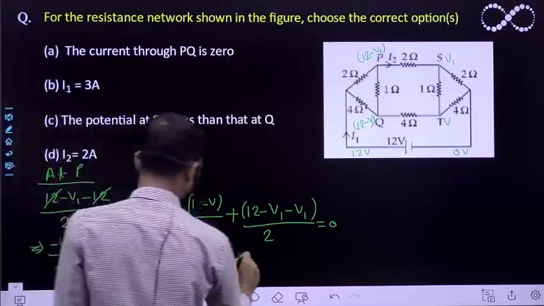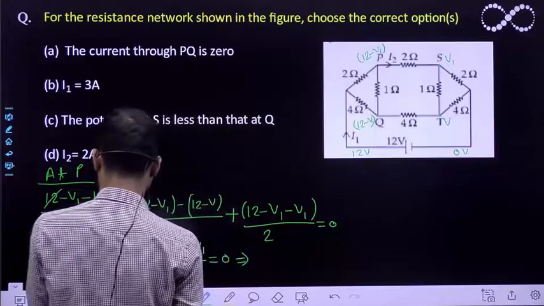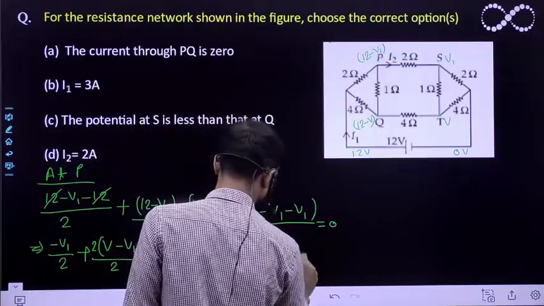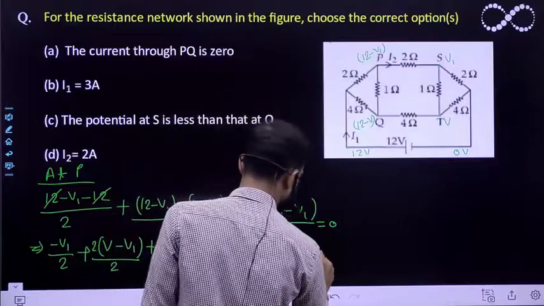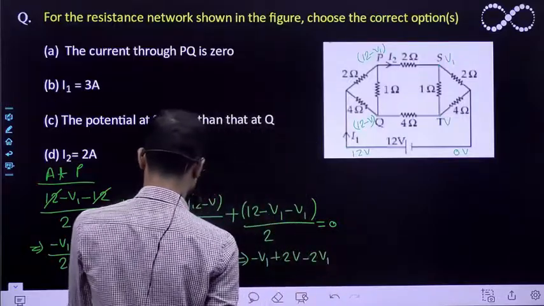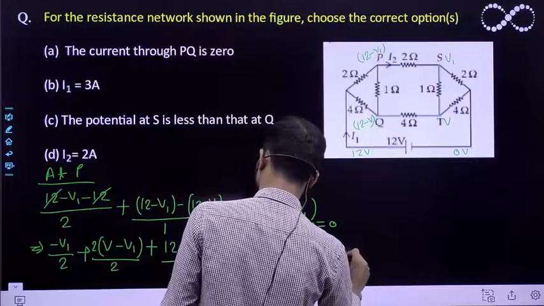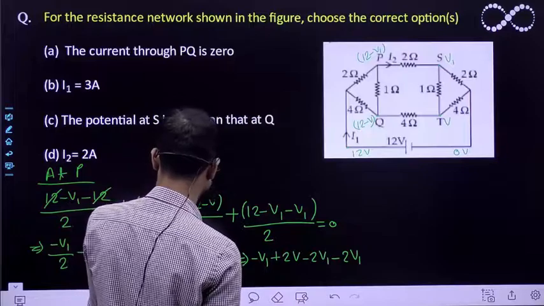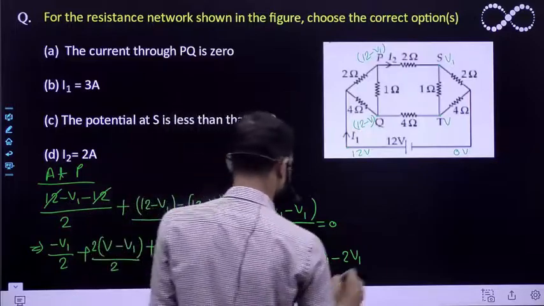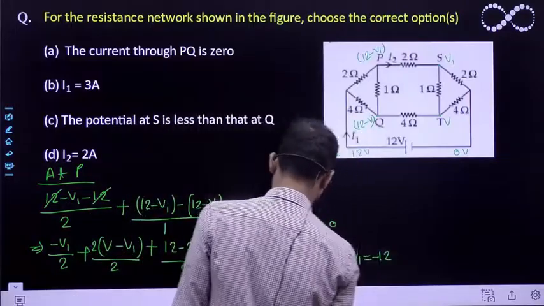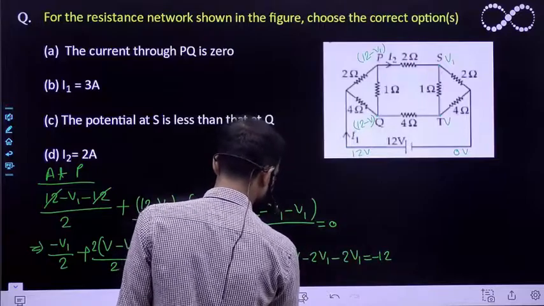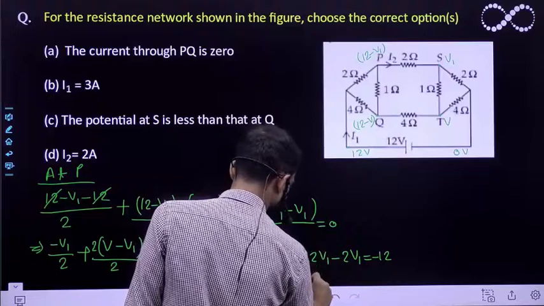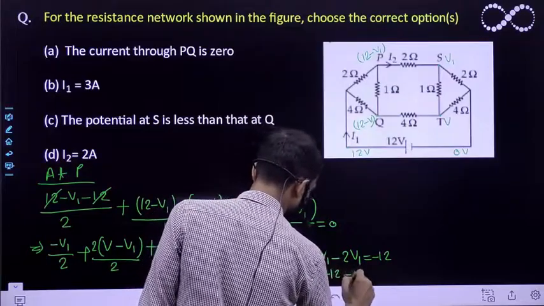From here the net equation I will get by summation: minus V1 plus 2V minus 2V1, minus 2V1 once again, is equal to minus 12. So the equation I am getting is 2V minus 5V1 equal to minus 12. This is equation 1.